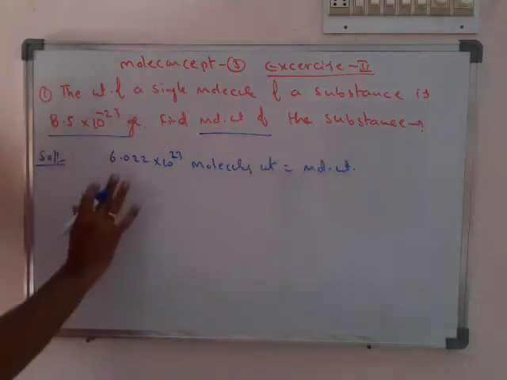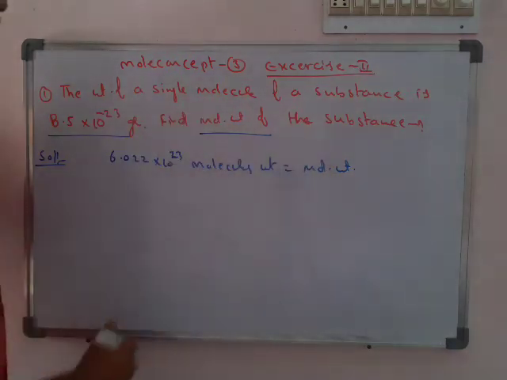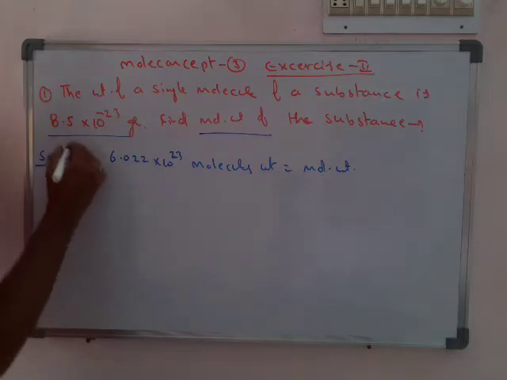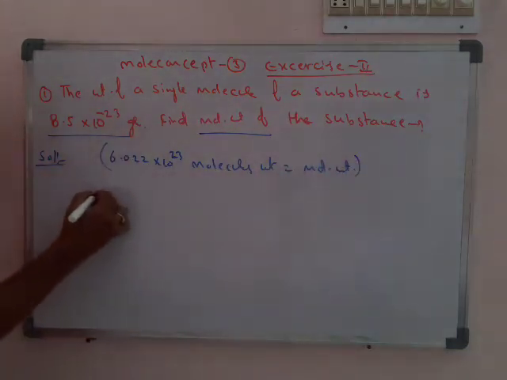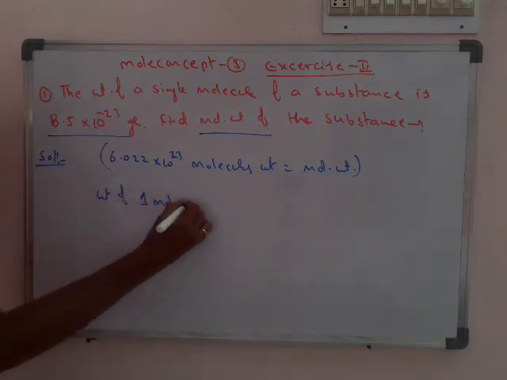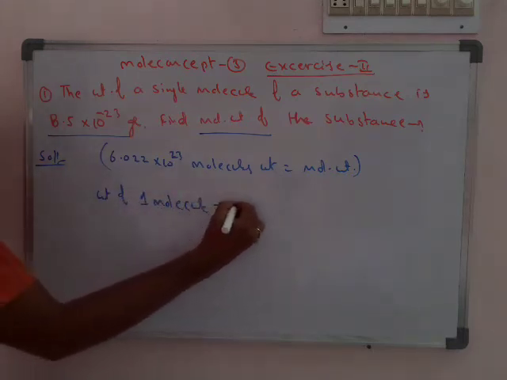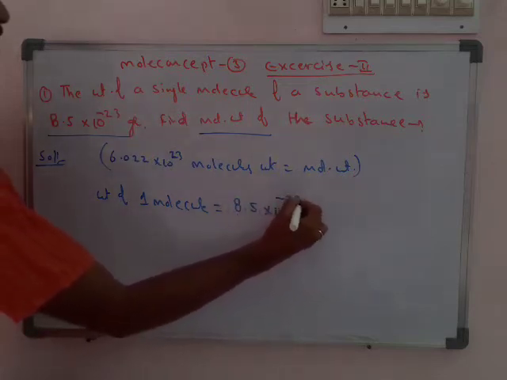At 6.022 into 10 power 23 molecules, the mass is nothing but the molecular weight. Here it is given for one molecule. Now go to the problem. The weight of one molecule is given as 8.5 into 10 power minus 23 grams.